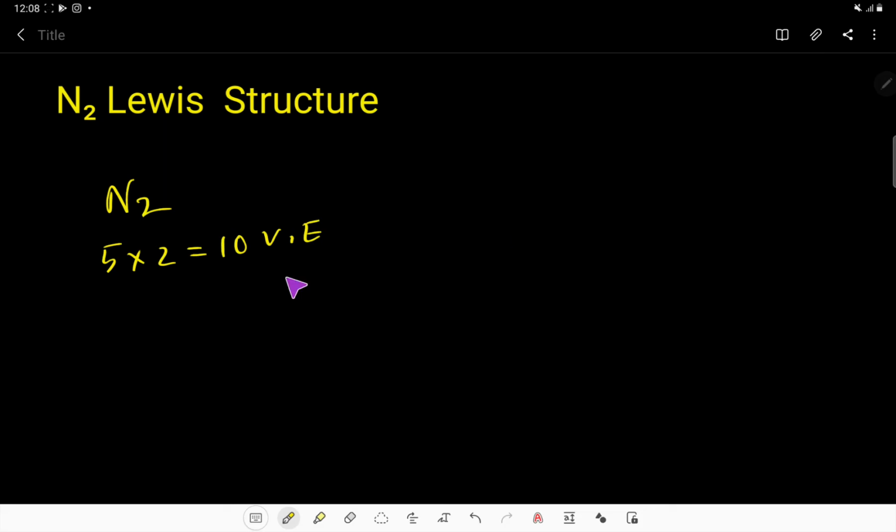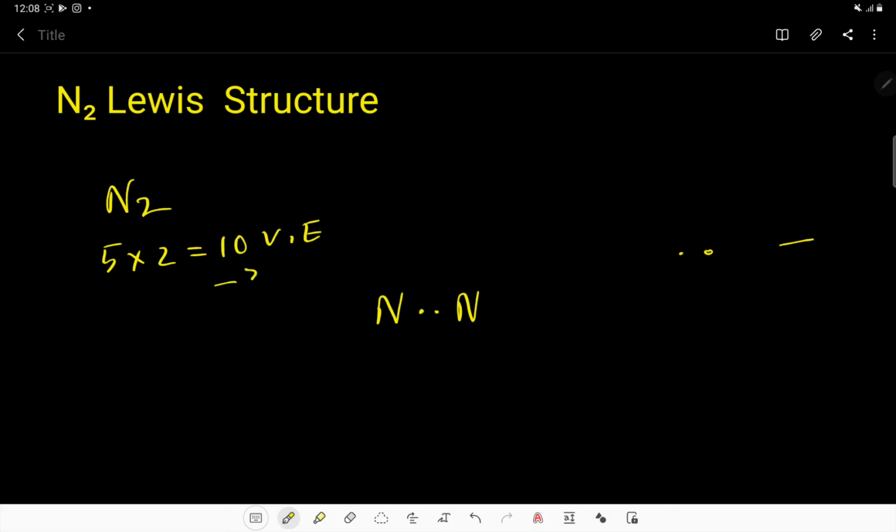So look, at first these 10 valence electrons will connect the 2 nitrogen atoms. So 2 dots means 1 line or bond, right? So to connect these 2 atoms we have to use 2 valence electrons.